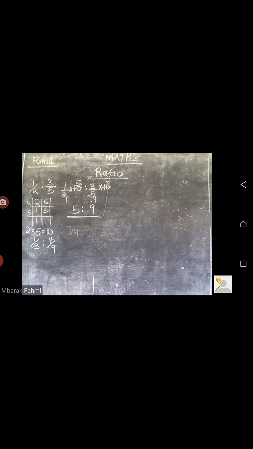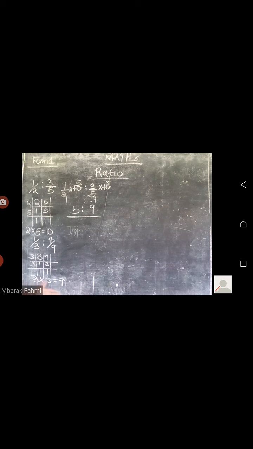So the LCM of 3 and 9: by 3, 1. By 3 is 3, by 3 here will be 1, and by 3 is 1. So the LCM is going to be 3 times 3, which is 9.